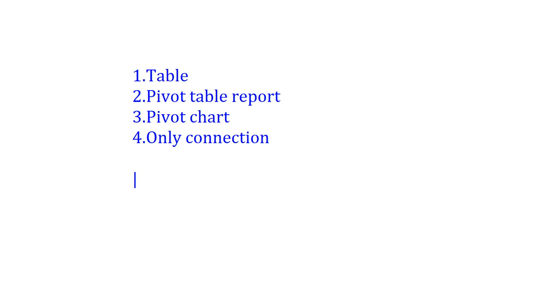If you are selecting only create connection, இன்னொரு option நீங்க select பண்ணணும். Add this data to data model. இந்த ஆப்ஷனையும் நீங்க டிக் பண்ணாதான் ரிப்போர்ட் பண்ண முடியும். If you want to create a pivot chart or pivot report, you have to select the last option also. If you have selected only connection, நீங்க இந்த ஆப்ஷனையும் டிக் பண்ணணும்.